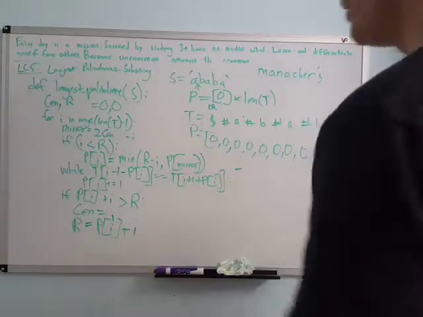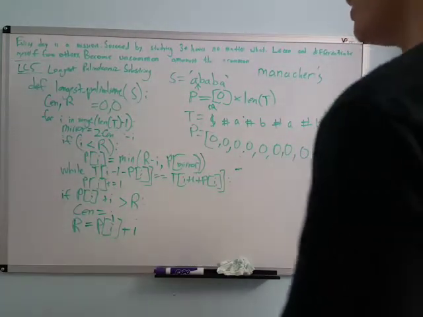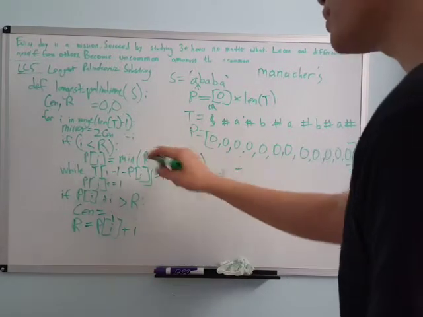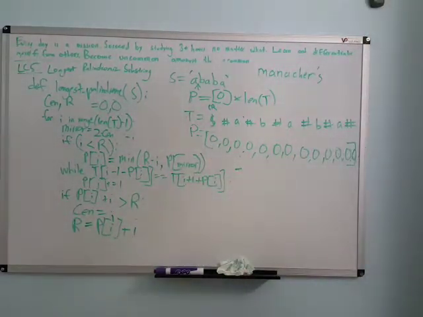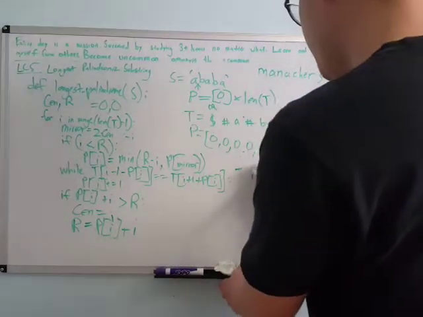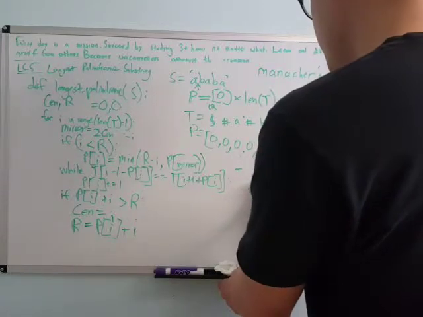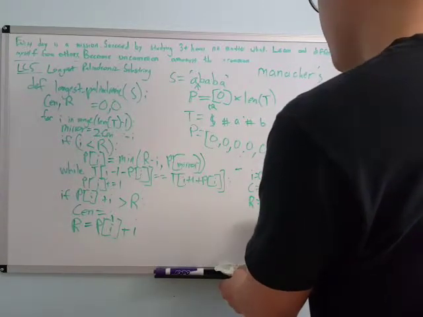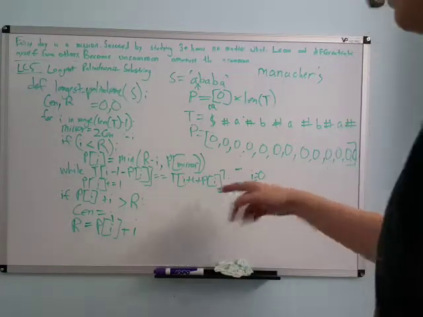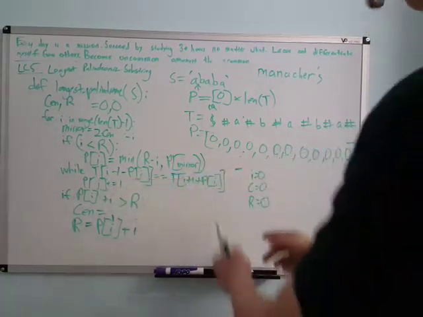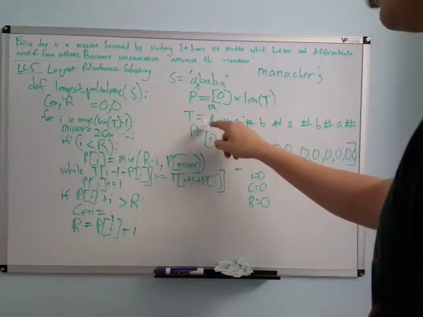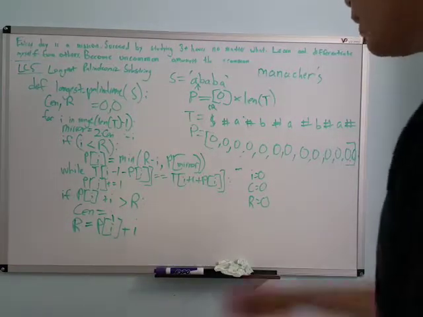And so for I in range, like the length of T minus 1, the mirror is going to be equal to 2 times 0 minus 0, which is just 0. If I is less than R: the first iteration I is 0, C is 0, R is also 0, so I is not less than R. Then we go into this while loop, checking if we can expand out using our 0th index as the center, if they're equal to each other.